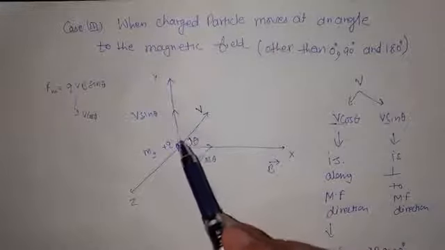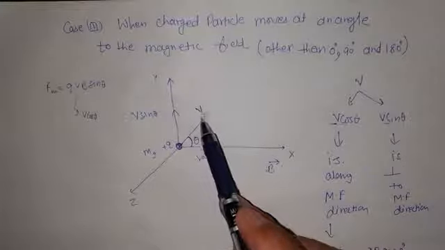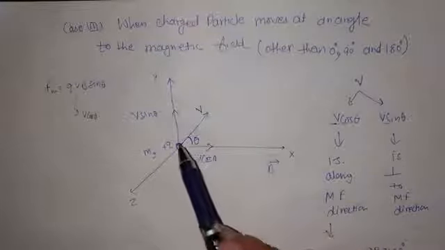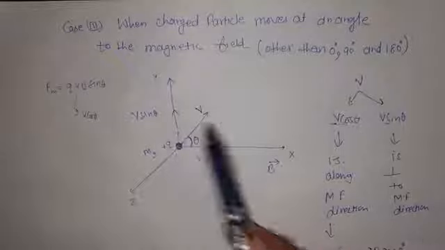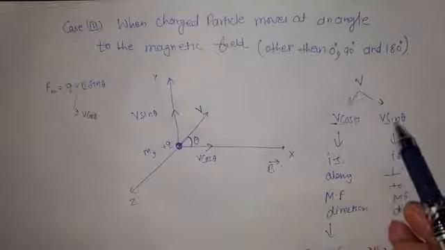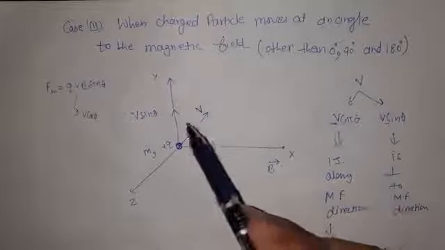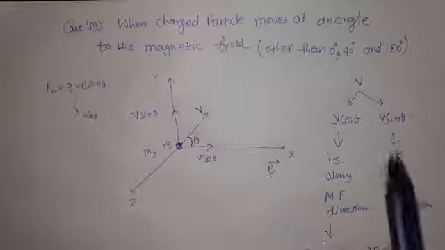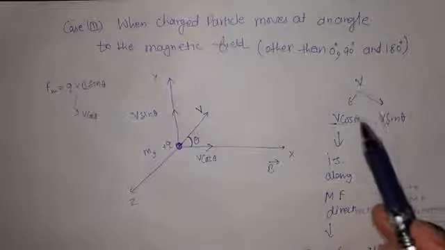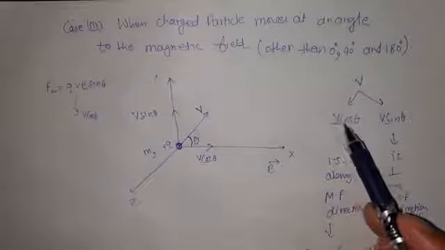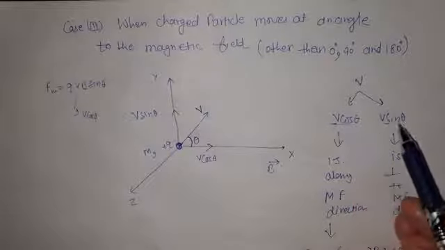When it enters at an angle with this magnetic field, we are going to split this velocity into two components to see the motion of this charged particle in the magnetic field. One is v cos theta while the other is v sin theta.